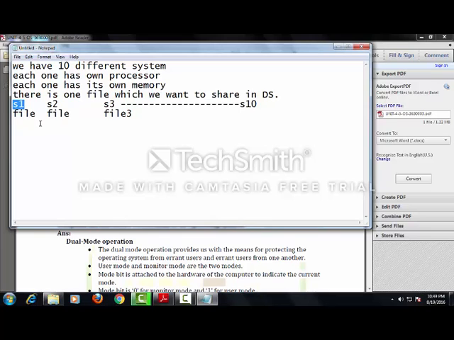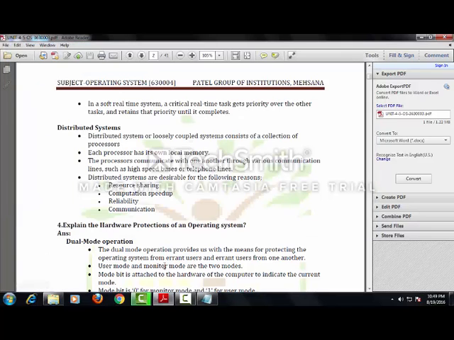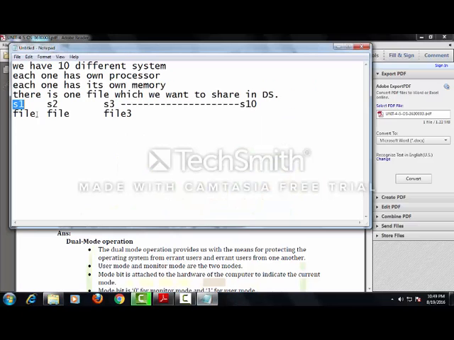So we are sharing the file from different servers, so it speeds up the computation, right? Anytime if you want to access that file, we can access it from there. Suppose this is my nearest server, so we can access the file from this server.